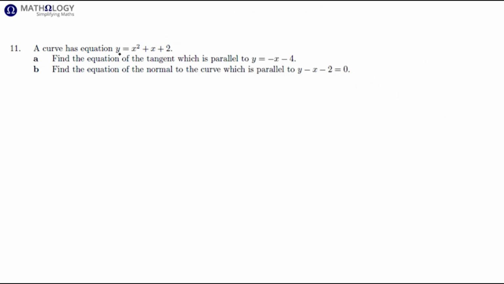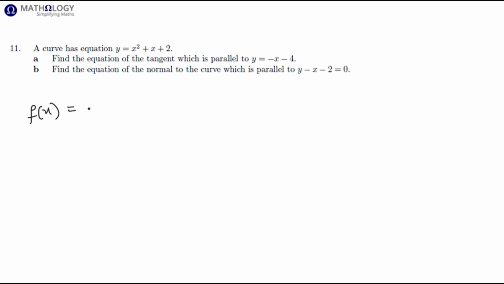The curve has equation y equals x squared plus x plus 2. Find the equation of the tangent which is parallel to y equals minus x minus 4, and then find the equation of the normal to the curve which is parallel to y equals minus x minus 2 equals 0. Again, this particular question makes it a lot easier if you use f of x notation or g of x.